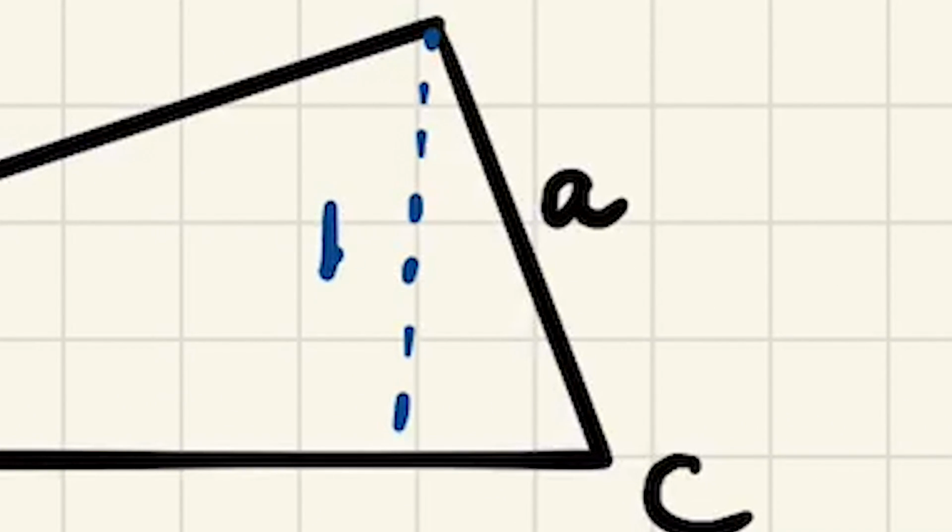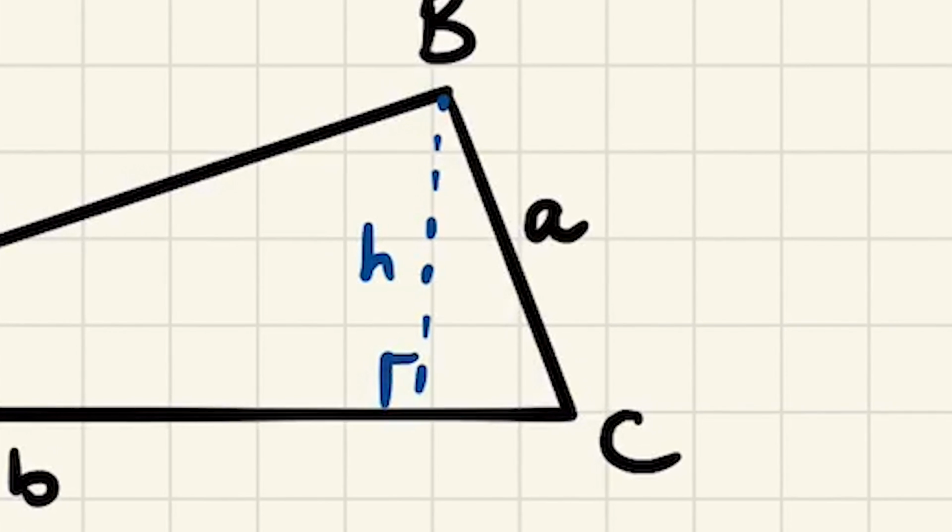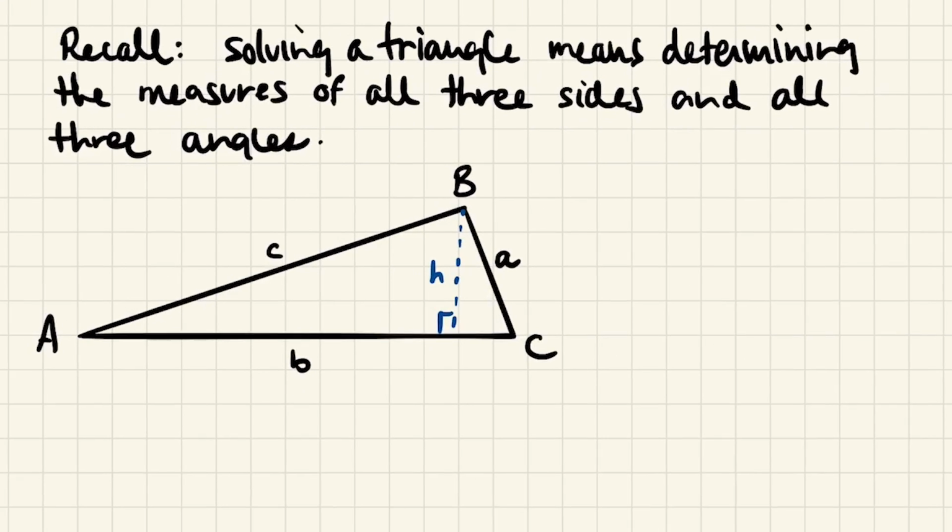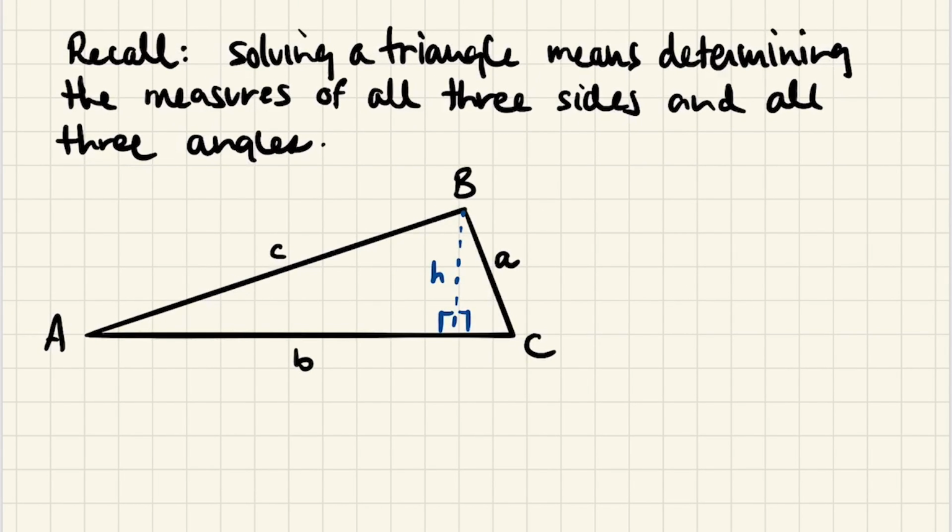And we're going to call that H for height. And we have a right angle down here, and we actually have another right angle down here. Okay. Now we have two smaller triangles that we've broken the main triangle into. And in each of those smaller triangles, we have a right angle, so we can use SOHCAHTOA to make these relations.